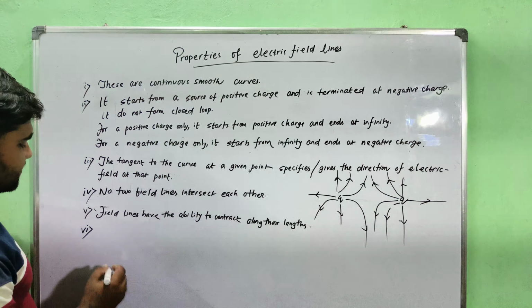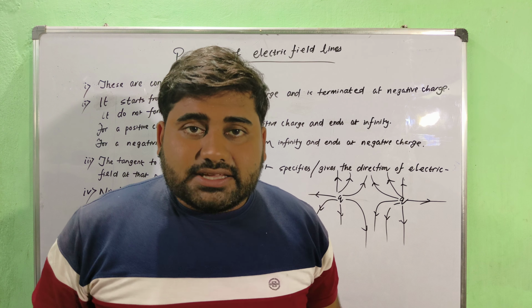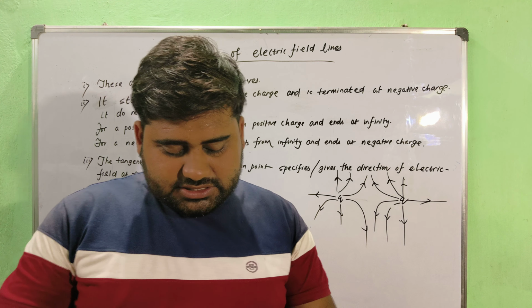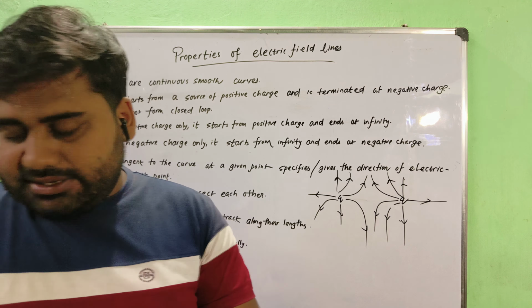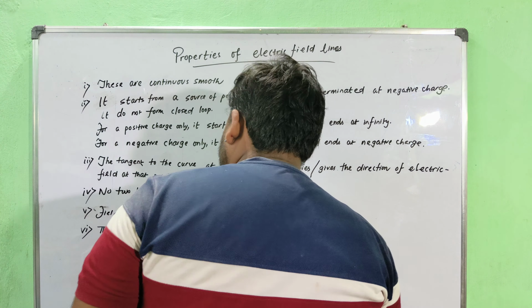And from this point, we can also understand that like charges, that means positive positive or negative negative charges, will repel each other. That was what I was trying to say from this diagram, and from the previous diagram, that unlike charges attract each other and like charges repel each other.